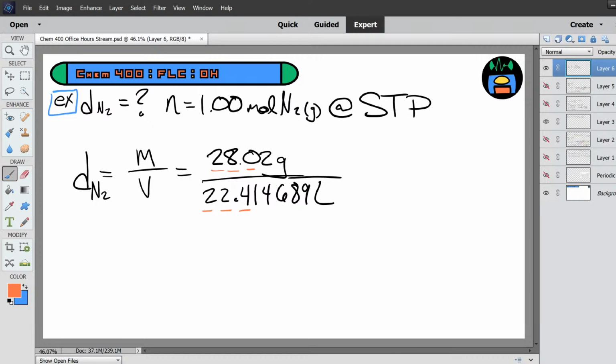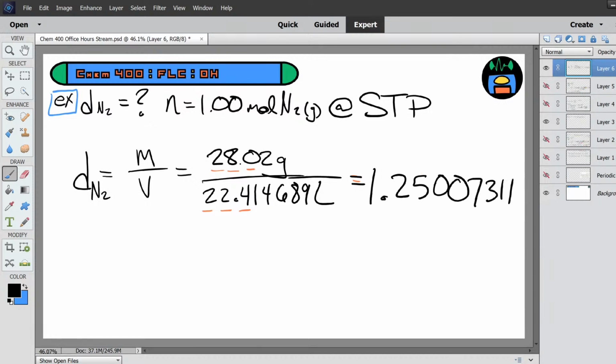And so we divide 28.02 by this lengthy denominator to get a value, which is 1.25007311.